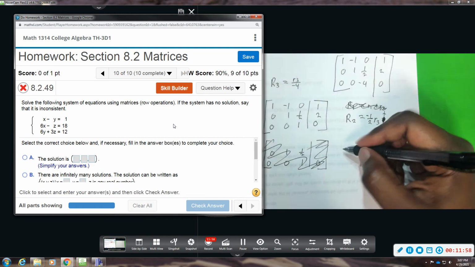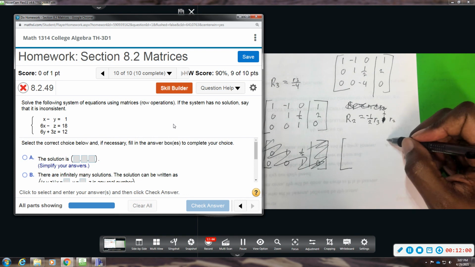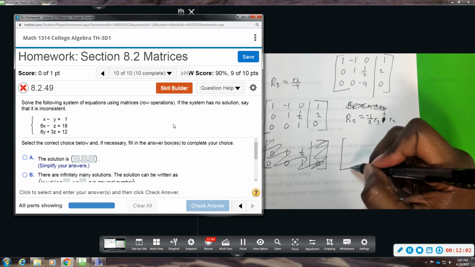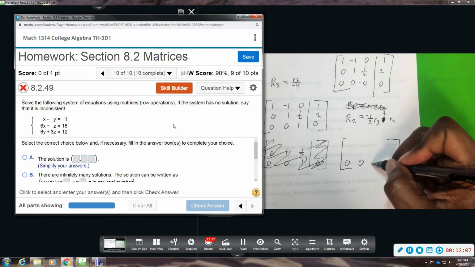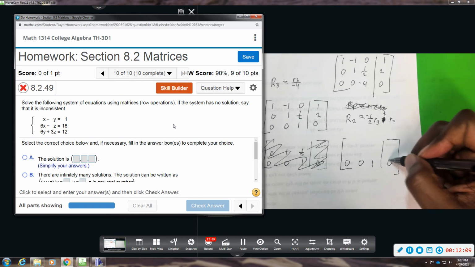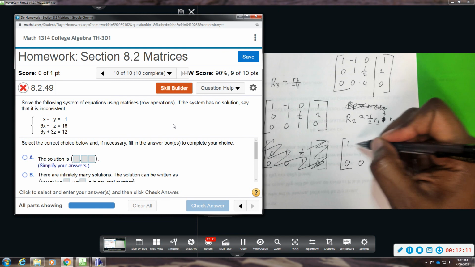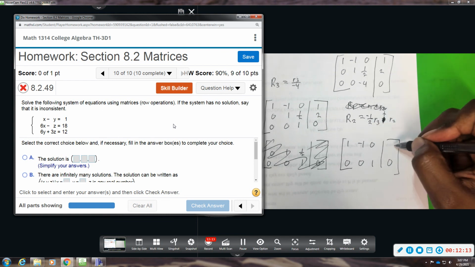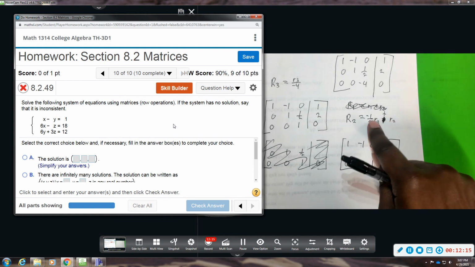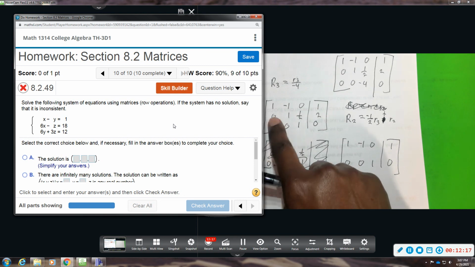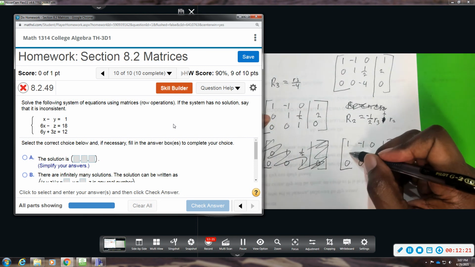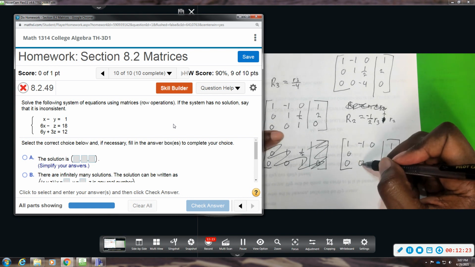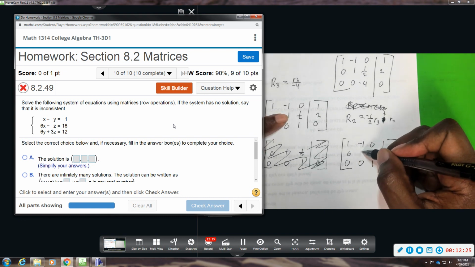So when I do that operation, row 2 is changing, so row 3 is still the same. Row 1 is still the same. This guy's changing. So a half, so 0. When I multiply by half times 0 and add it, we still get 0. Half times 0 plus 1 is still 1.